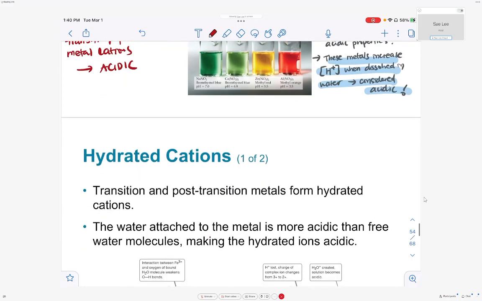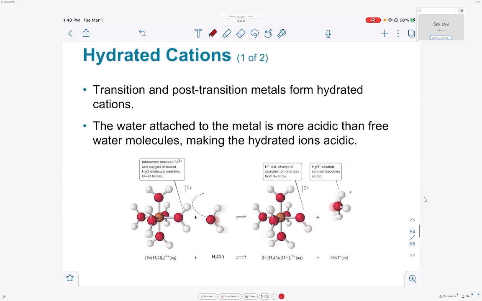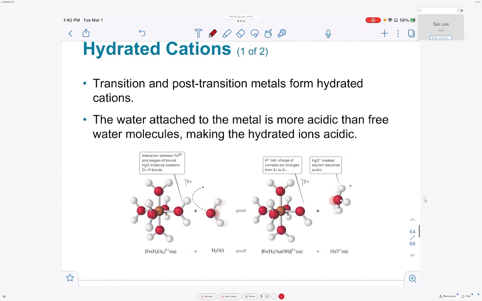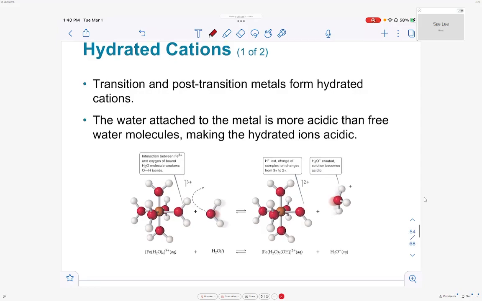All right, let's focus on why these metals increase proton concentration when dissolved in water. These cations are positively charged. Of course, because they are cations, okay? And when these positively charged cations are in water, the positive charge of the metal will attract the lone pair electrons of the water.